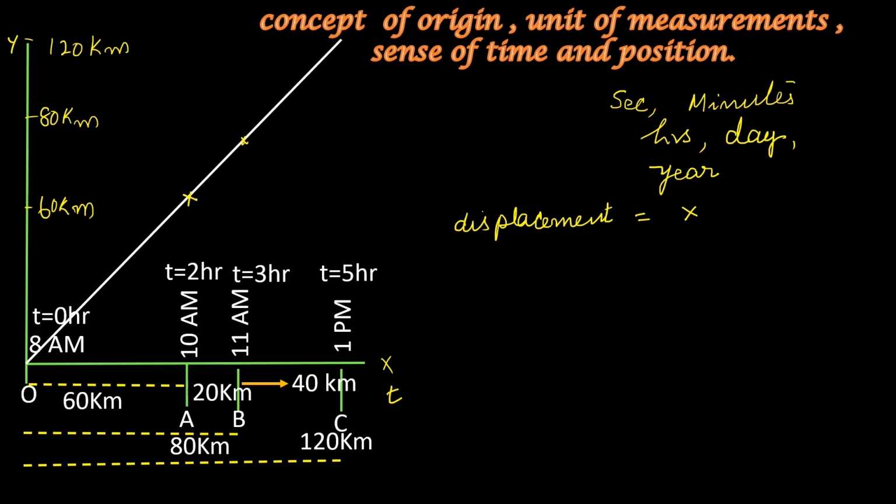It is represented on the y-axis. Do not confuse this with the x-axis where time is represented. For displacement, the unit considered is normally meter or kilometer. So now we have plotted a graph for the motion of the person from origin O to C. I hope it is clear.